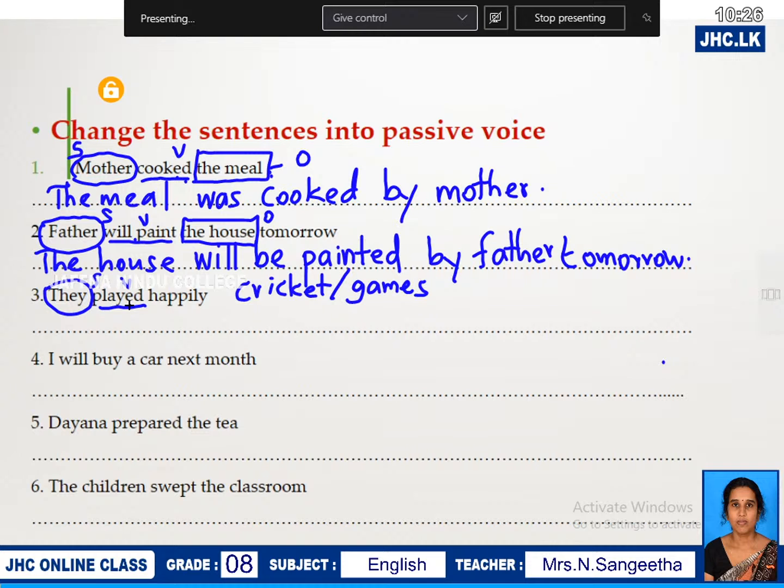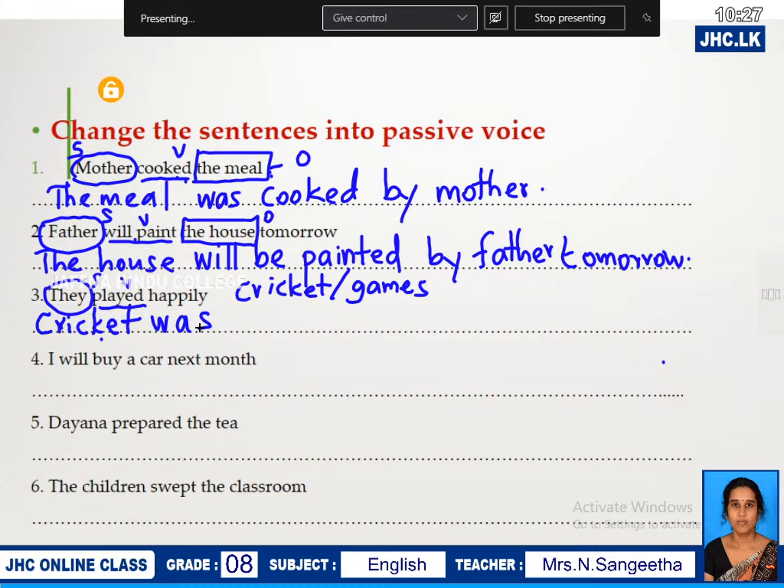Right? If you put cricket, it is singular. Cricket என்று போட்டிங்கன்னா அது singular. Or if you put games, அது வந்து plural-ஆக இருக்கு. According to the object you add, you have to decide the be verb. Simple past, singular அண்டா நாங்கள் was-ஐ போடுறோம்.